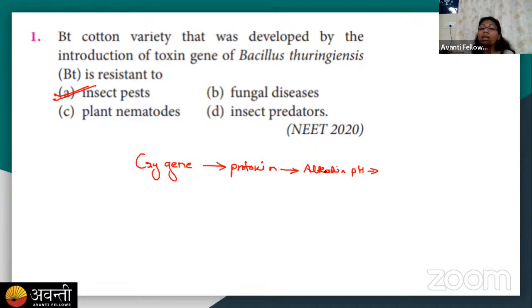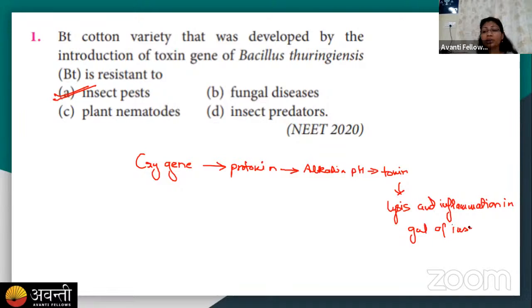Due to that alkaline pH, as I said, the activation of protoxin only takes place in alkaline pH. So it gets converted into the activated toxin. This activated toxin causes lysis and inflammation in the gut of the insect, right? Due to this, pores appear in the gut, and when pores appear in the gut of an insect, the insect will die because of starvation.